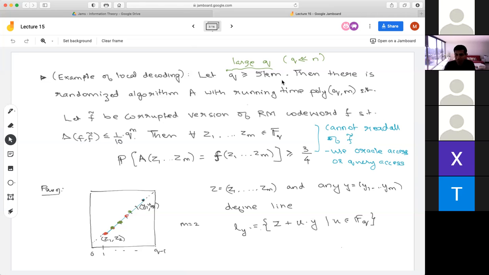Okay. And the generic idea in this decoding is just that, here I've drawn some sort of cartoon picture of F_q squared. And in general, you can think of F_q to the m as this large cube in m dimensions.